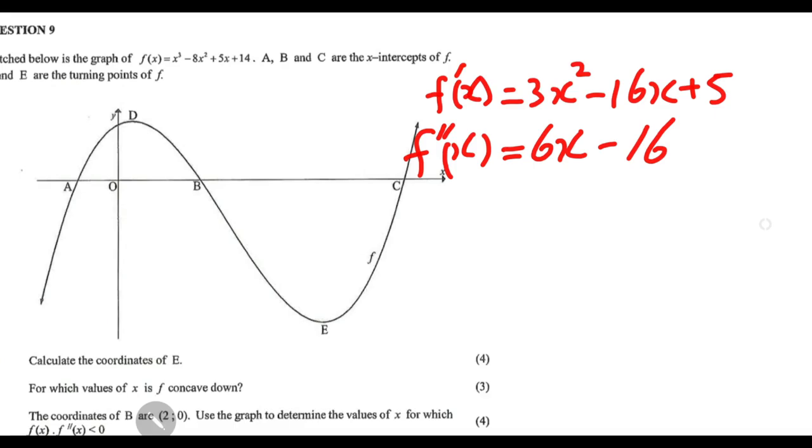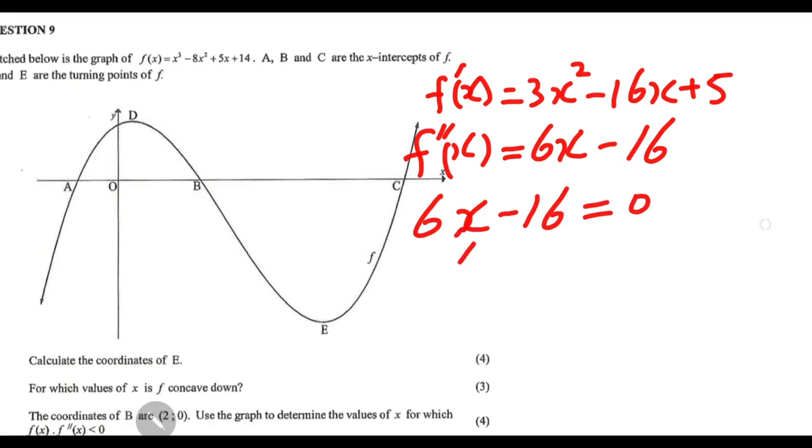Whether the graph is concave up or concave down, we can only see from the point of inflection. So we need to find the point of inflection. Set the second derivative to 0 to find the x value. 6x - 16 = 0.